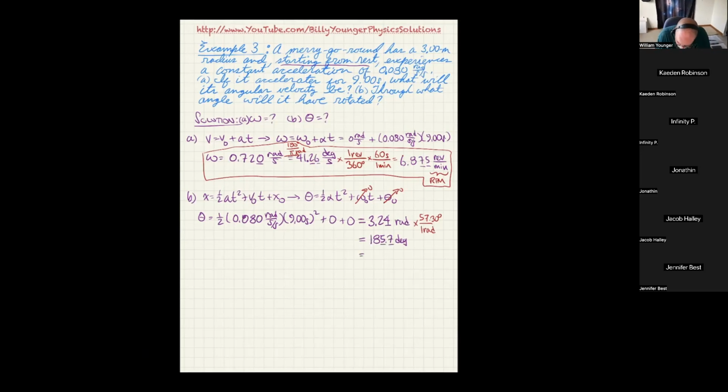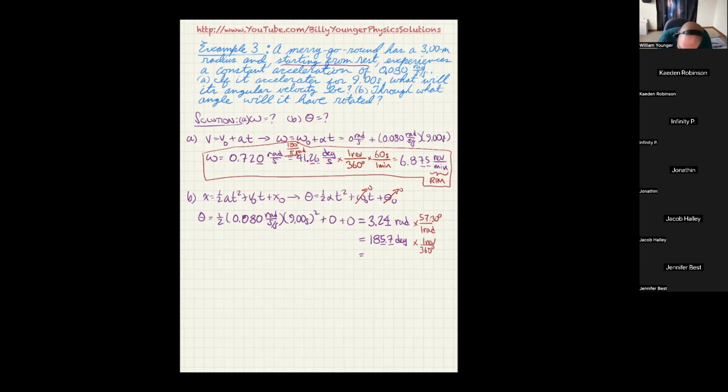And we could also put it in revolutions if we wanted to, by realizing that 360 degrees is equal to 1 revolution. So dividing that by 360, which obviously is nowhere near 360, we're going to get about a half.